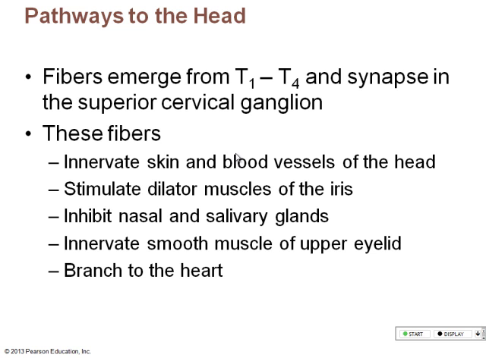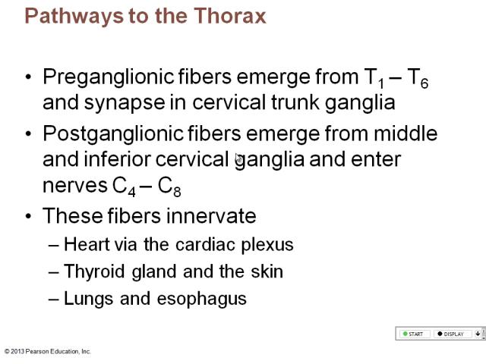They stimulate dilator muscles of the iris. That's when my pupils dilate in response to some sort of stimulus. They inhibit nasal and salivary glands, again, because I'm busy taking care of everybody else, and innervate smooth muscle in the upper eyelid and branches to the heart.